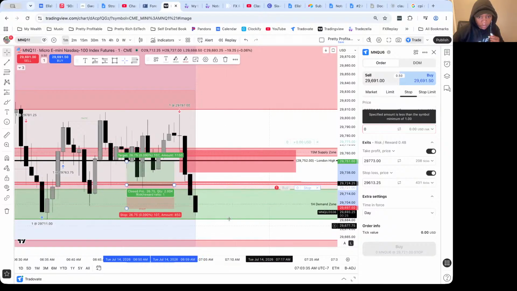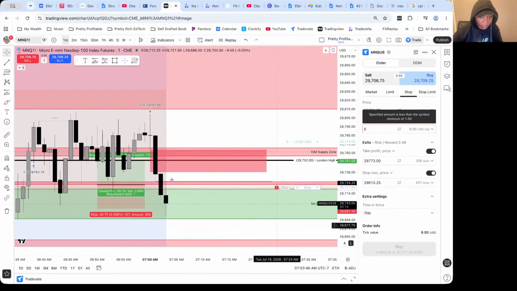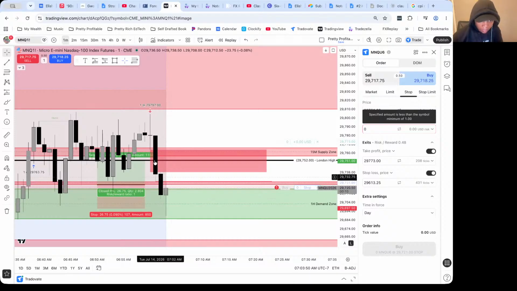And also, price is still testing this demand zone. Feels like a really strong one though. So let's see where this closes.